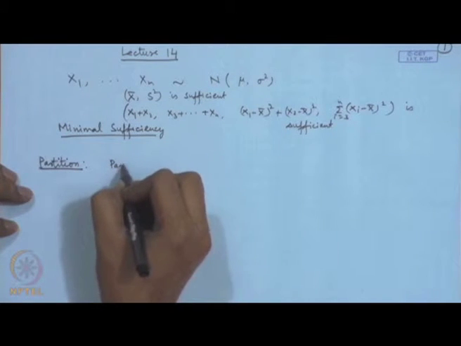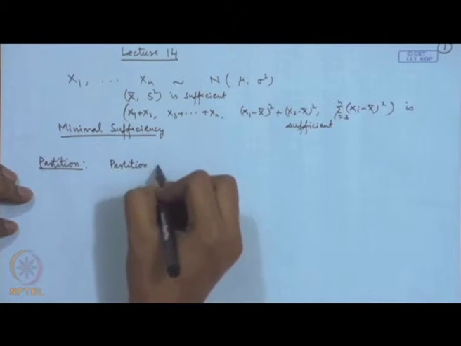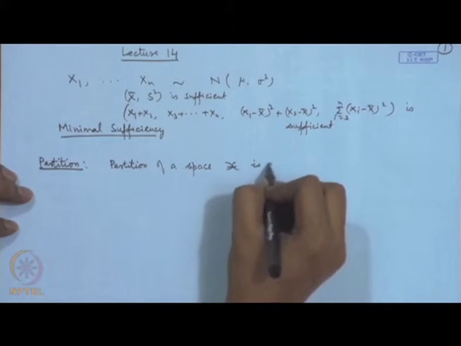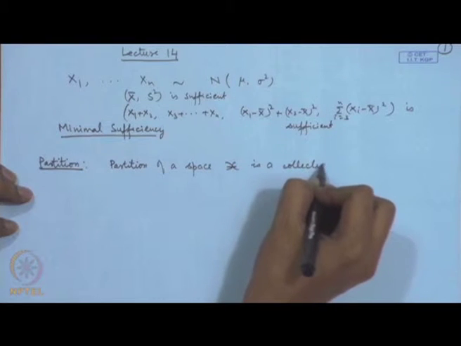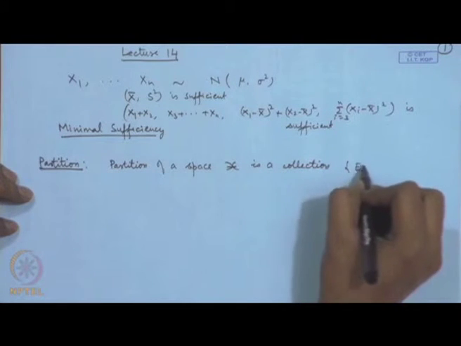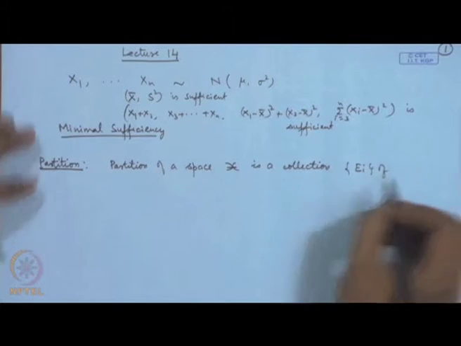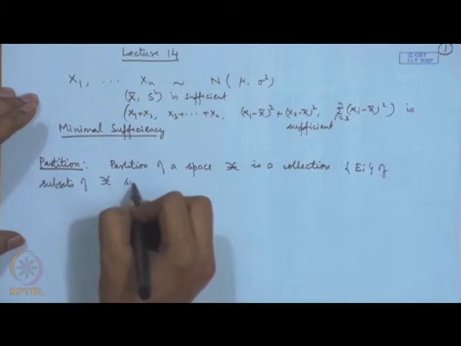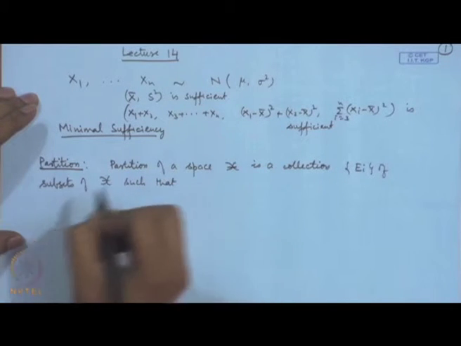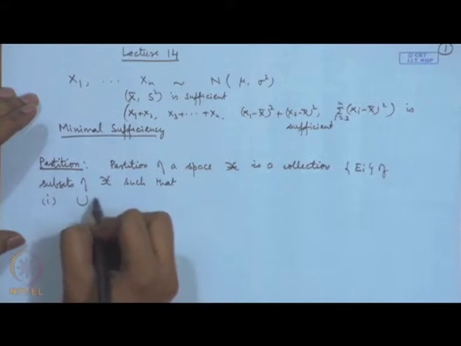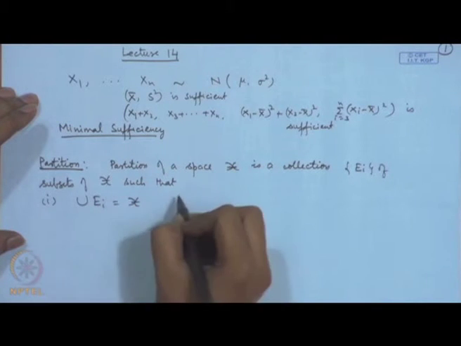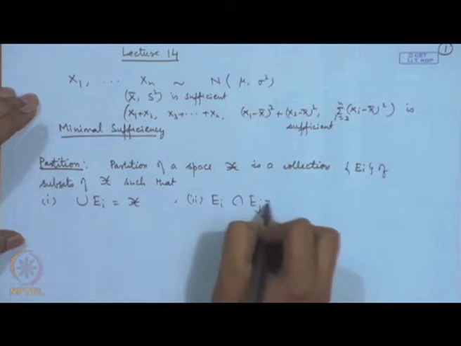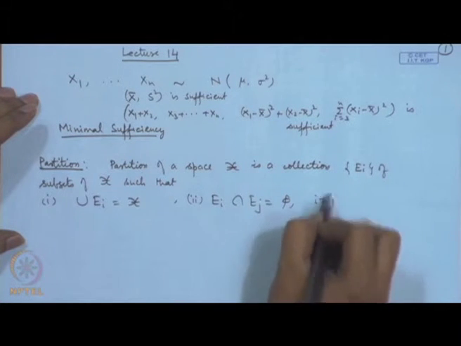A partition of a space X is a collection E_i of subsets of X such that the union of E_i is equal to X and E_i intersection E_j is equal to phi for i not equal to j.